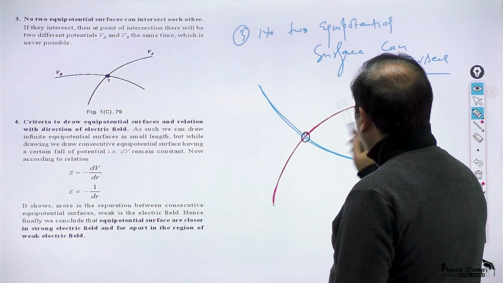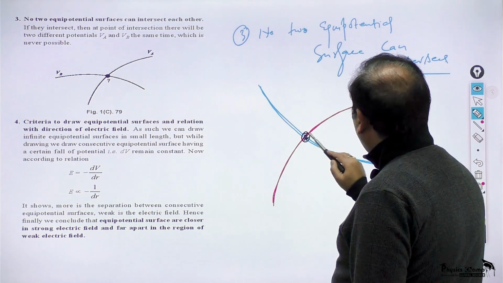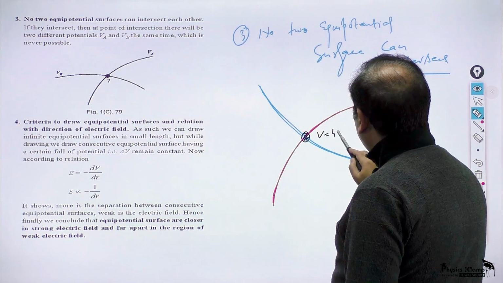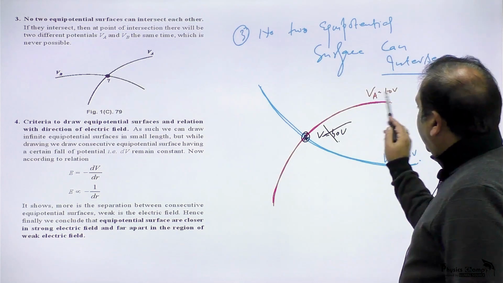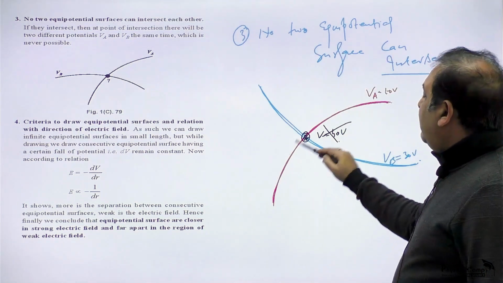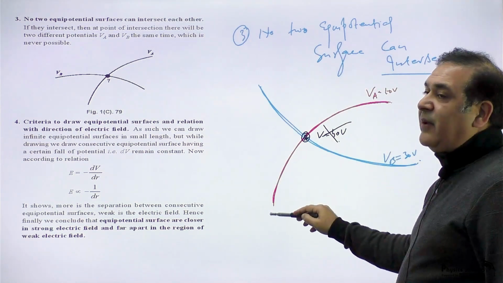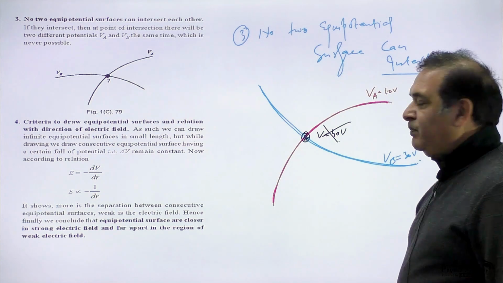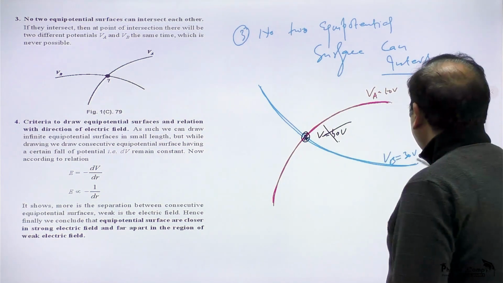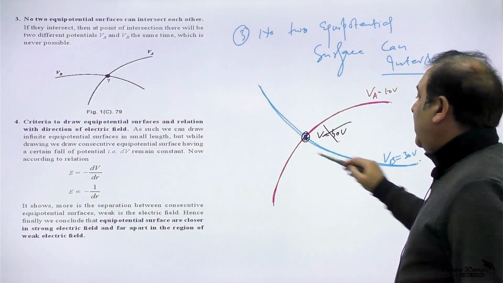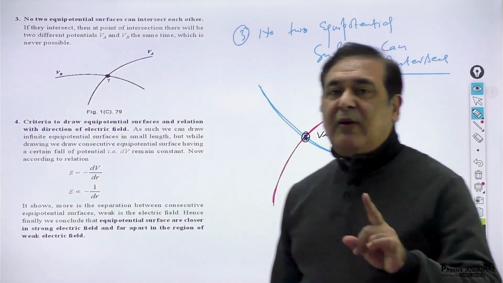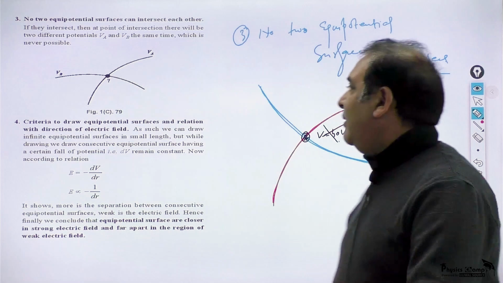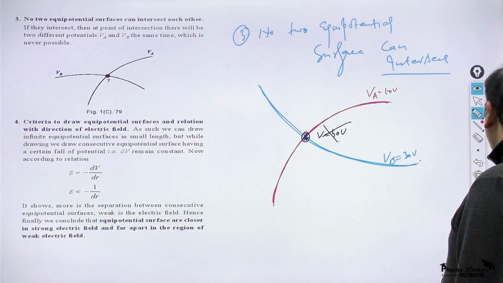As per this, it should have a potential of 40 volt, which is not possible, because if it is an equipotential surface, then at every point it should have a potential of 10 volt, not somewhere 40 volt. If it is an equipotential surface, then everywhere it should have a potential of 30 volt, not somewhere 40 volt. So two equipotential surfaces can never intersect. This is another important information.